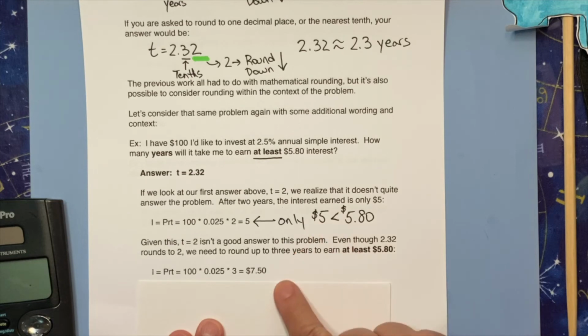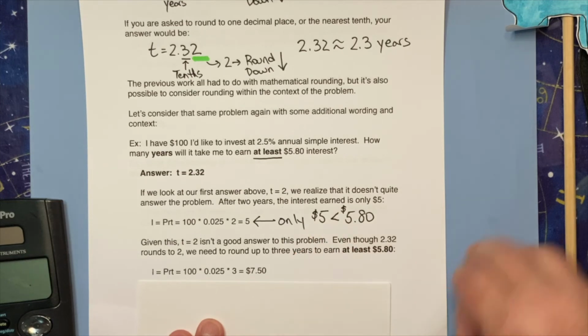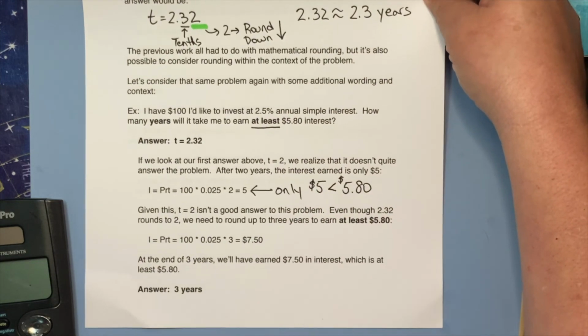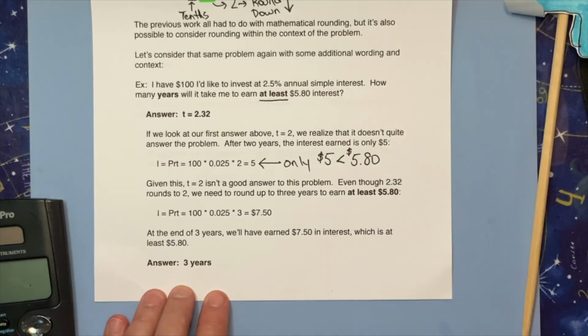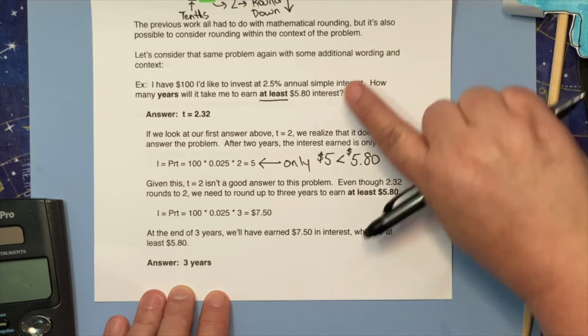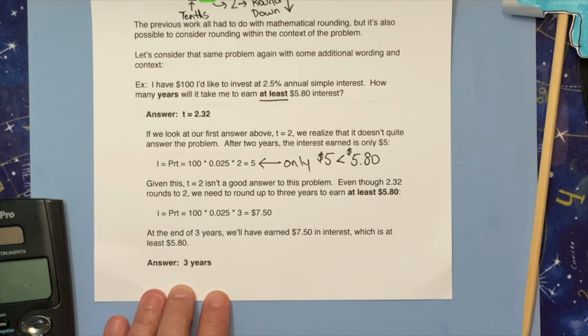Not big enough. 3 years? Big enough. At the end of 3 years, we have earned $7.50 in interest, which is at least $5.80. So we're going to answer 3 years. We're choosing to round up because of the language, even though mathematically we should round down.